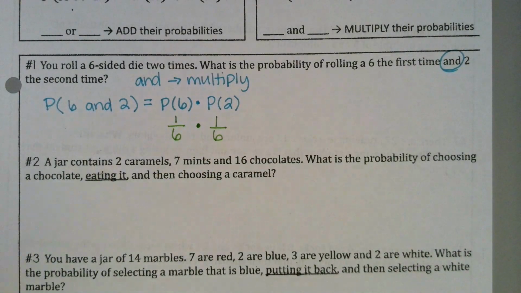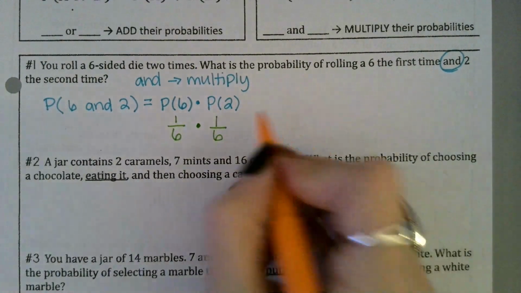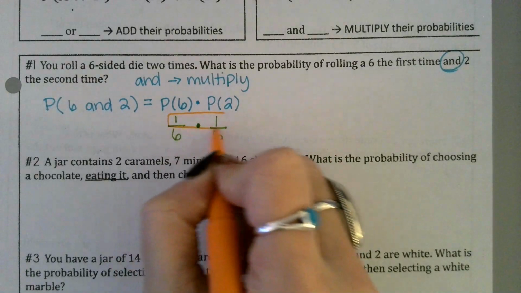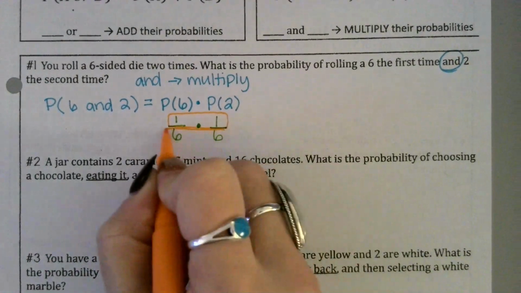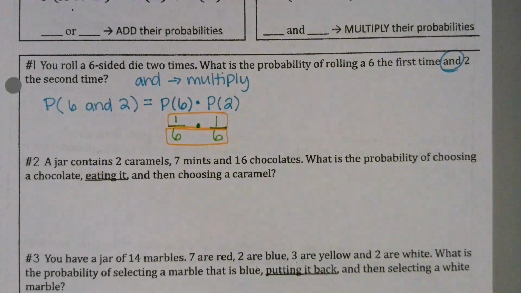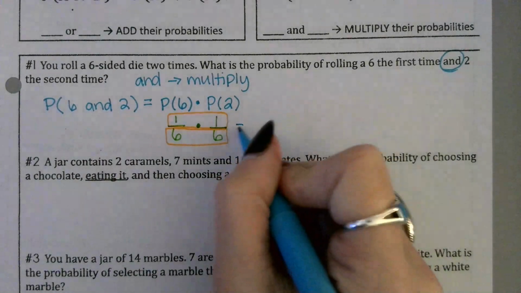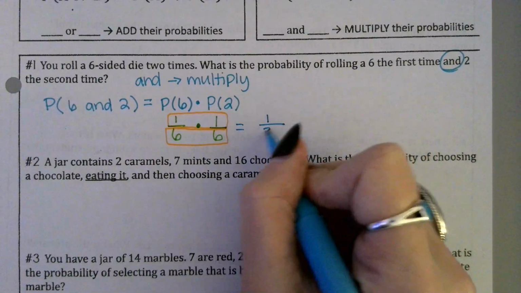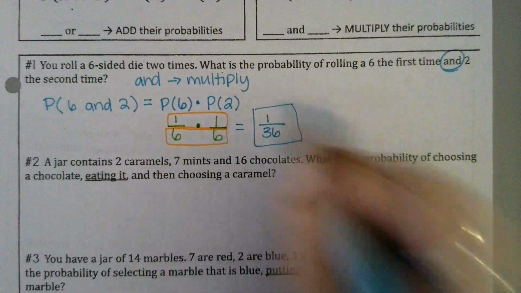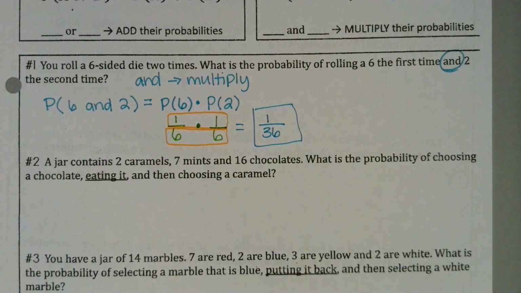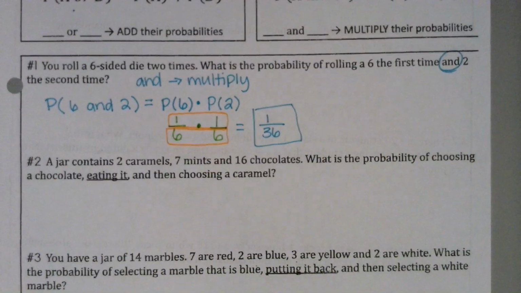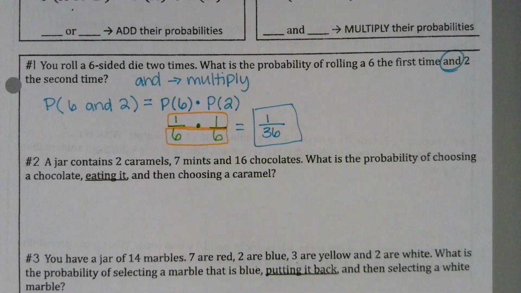Do you remember how to multiply fractions? You go across. You do the top times the top and the bottom times the bottom. So what is the probability that I roll a 6 and a 2? 1 over 36. That's the final answer. That's it. Pretty easy.